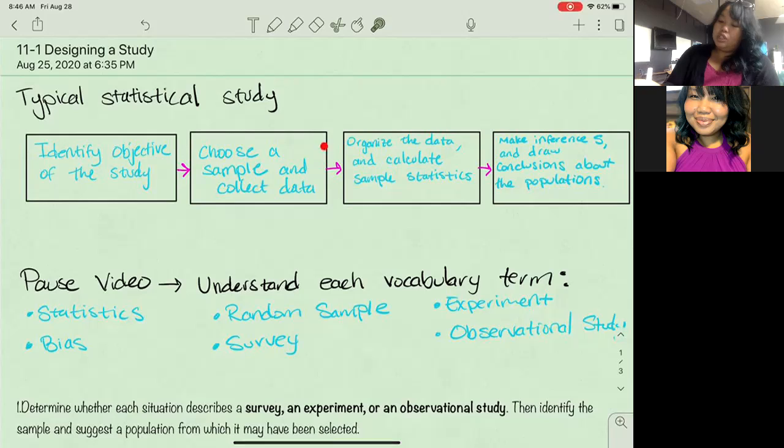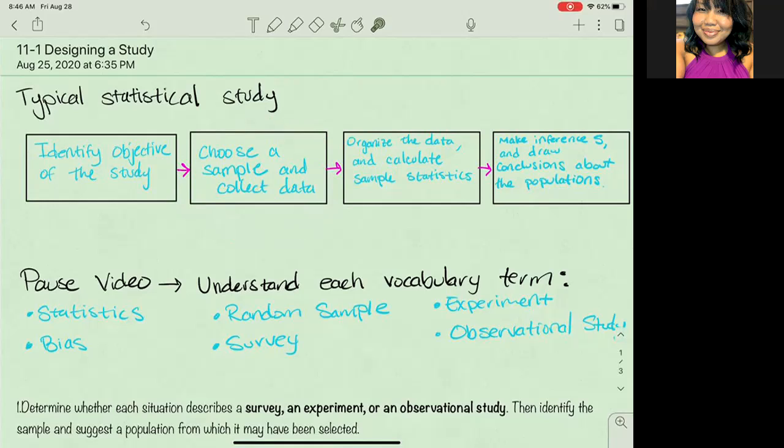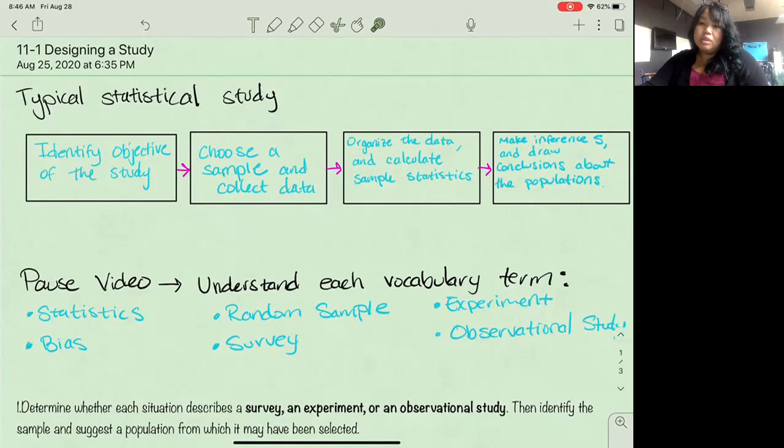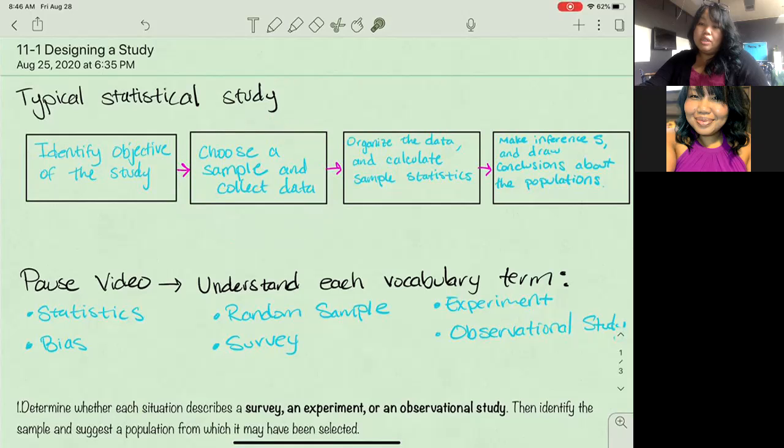Choose a sample and collect data. Now, it's rare that you'll be able to find a population where you can survey or observe the whole population. So you're going to be finding ways where you only can have a small representation of the whole population.